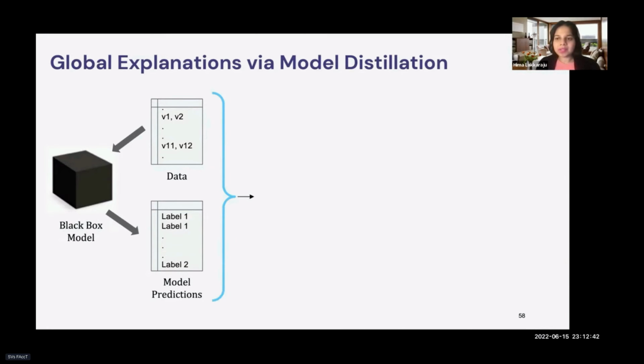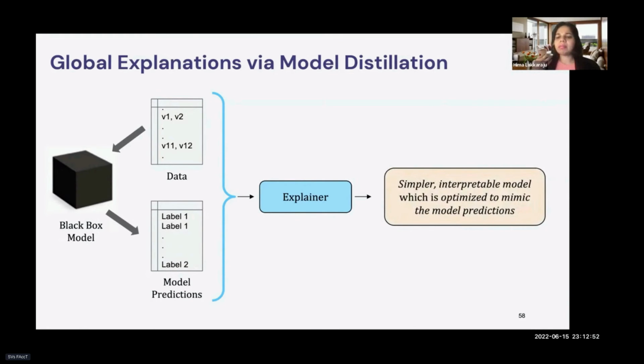We can actually use this information and pass it through an explanation algorithm, which in turn tries to approximate the behavior of the black box model using a simpler interpretable model, which is optimized to mimic the model predictions on the data we provided as input, right?